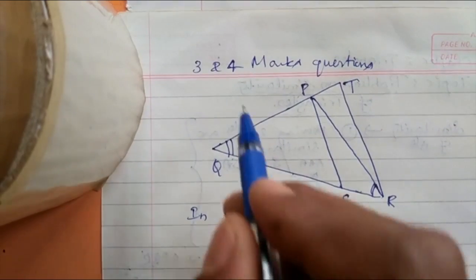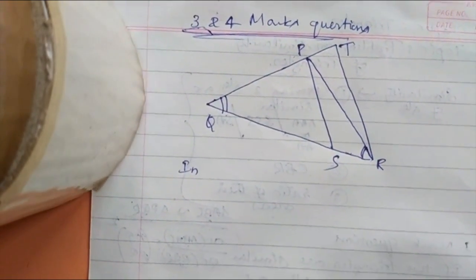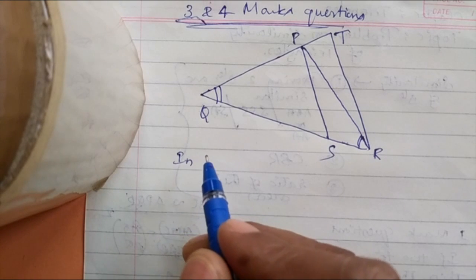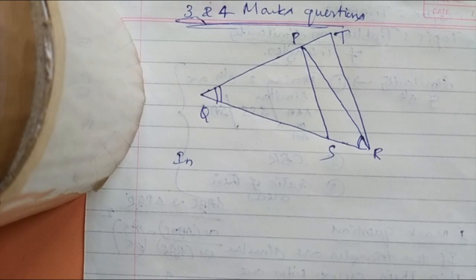This is the problem figure. While solving or proving similarity problems, you can use BPT also. Don't forget the BPT concept and similarity of triangles, both concepts you need to use here. BPT is indirectly linked with the similarity of triangles. Therefore, don't learn BPT problems and similarity of triangles problems separately. In some problems we need to use both concepts.